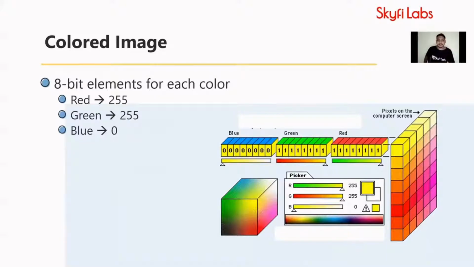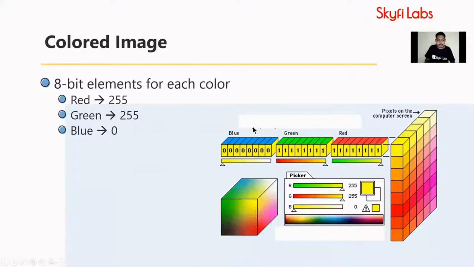Now, every color, here comes the interesting part. Every color is an 8-bit element. So there are 3 primary colors, red, green, and blue. Here we take an example. Suppose we have a pixel and we want to give it a high amount of red and a high amount of green, but a low amount of blue.